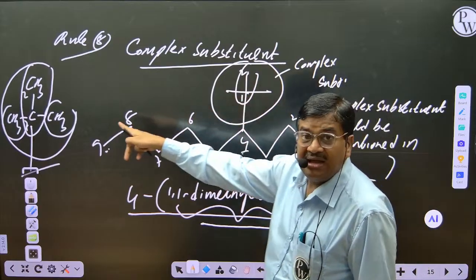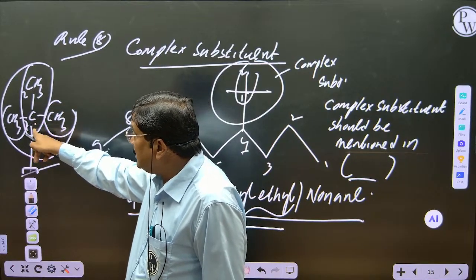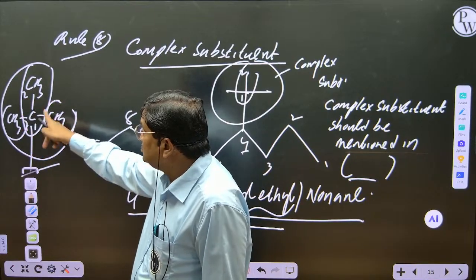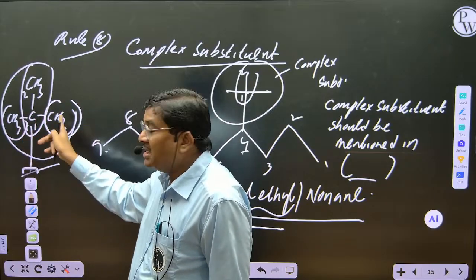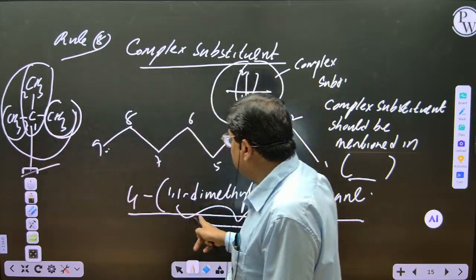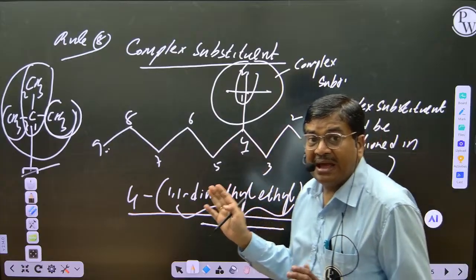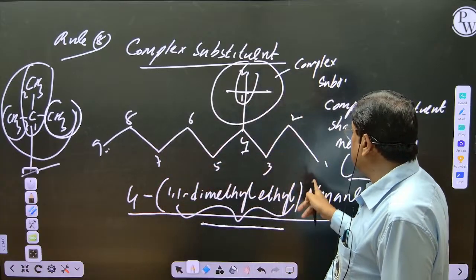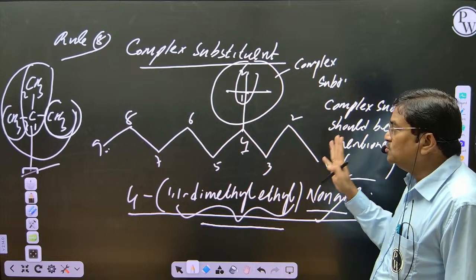For your clarity, I made here CH3, CH3, CH3. See, I started numbering from here. Then these two are branches attached to one carbon. So 1,1-dimethyl, and this parent chain is what? Ethyl. So the same thing here we wrote, 1,1-dimethylethyl. That should be kept in the bracket. And how many carbons are there? 9. If it is 9, what do we call? Nonane. This is rule 8.